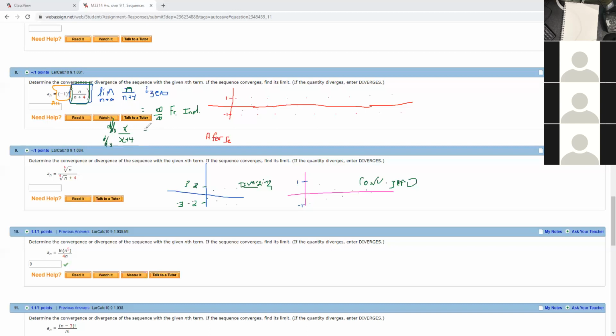And what do we get, of course? What's the derivative of x with respect to x? 1. 1 over the derivative of x, again, is what? 1. The derivative of 4 by itself is? 0. And so we get 1 over 1, which is 1.